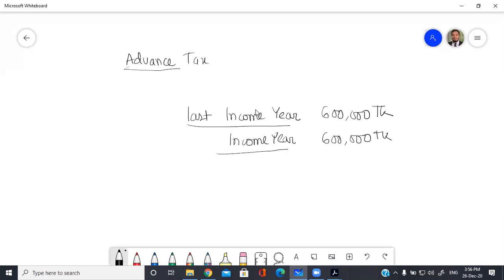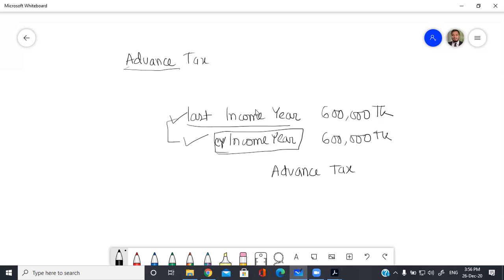It is not yet finished, the current income year. Either this one or this one, any case can be applicable. In that case, the assessee is supposed to pay advance tax.